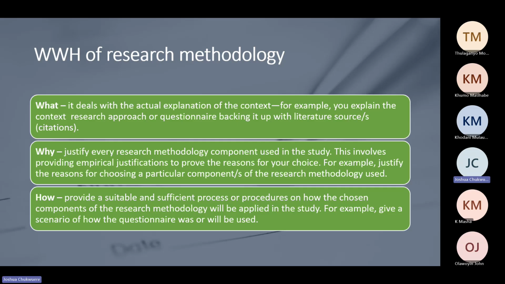I have chosen this because if I use it, it's going to help me to achieve this. I've chosen quantitative research. When I use quantitative research, it's going to enable me to collect this kind of data, which is the quantitative data. And then you provide what?